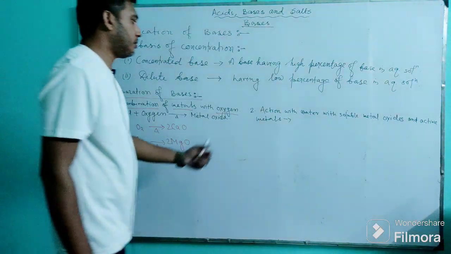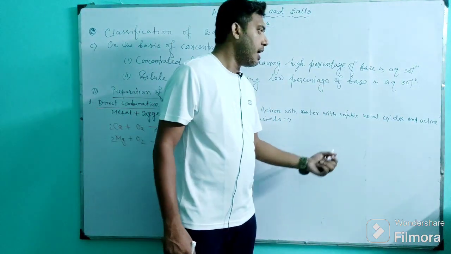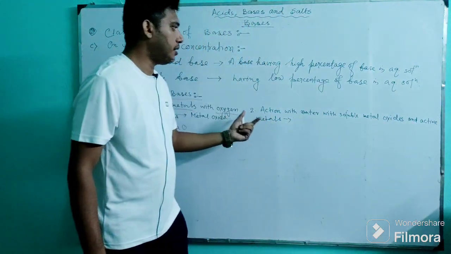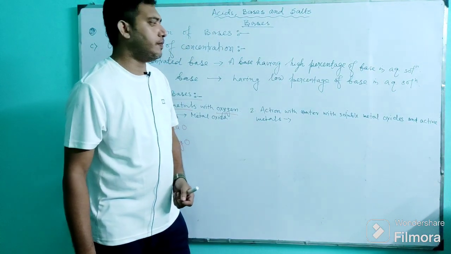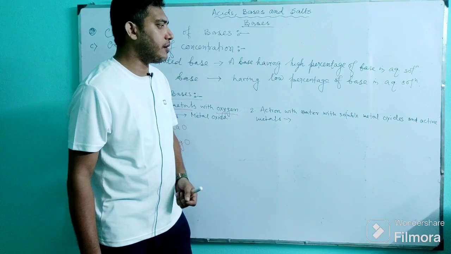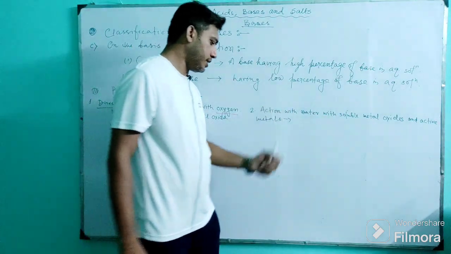Next category is action with water with soluble metal oxides and with active metals. We will see what happens in the case of a soluble metal oxide when it reacts with water.